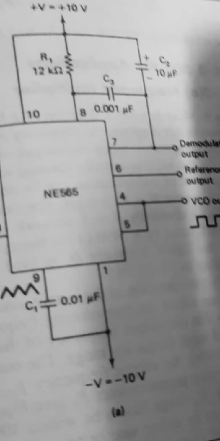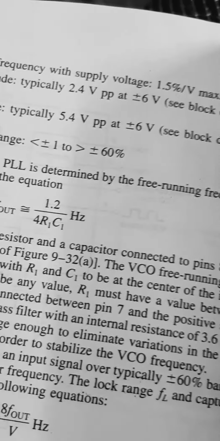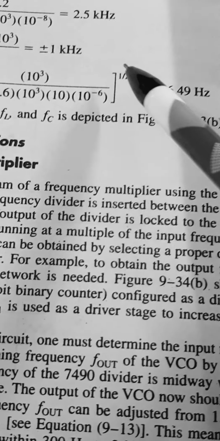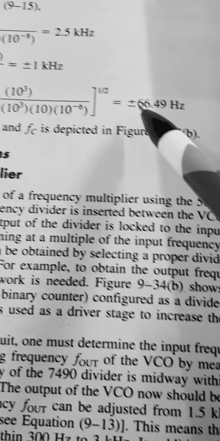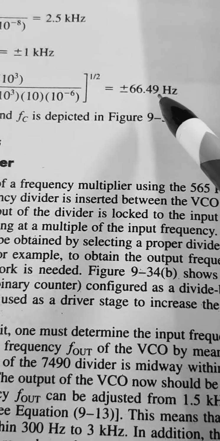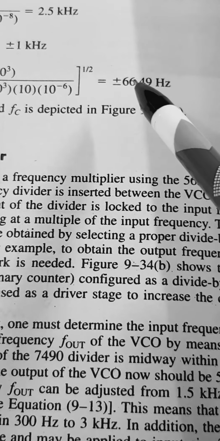C2 is 10 microfarad, so 10 into 10 to the power of minus 6, raised to half. You will get plus or minus 66.49 hertz, not kilohertz. This is also related to your center frequency.